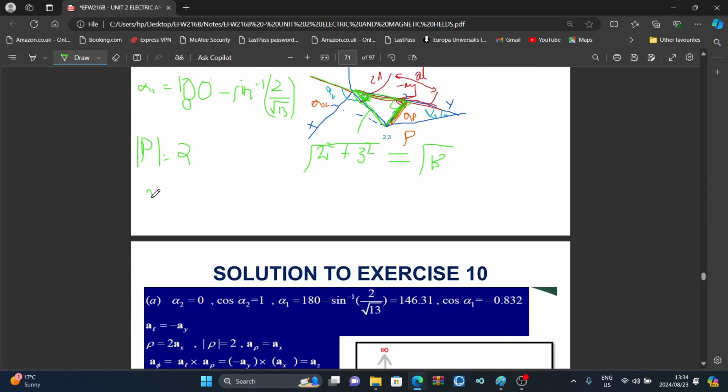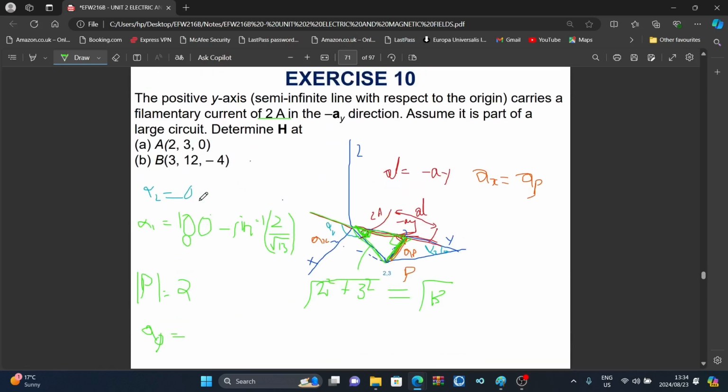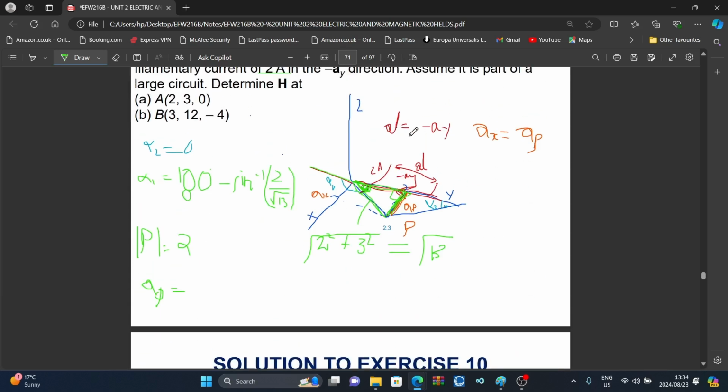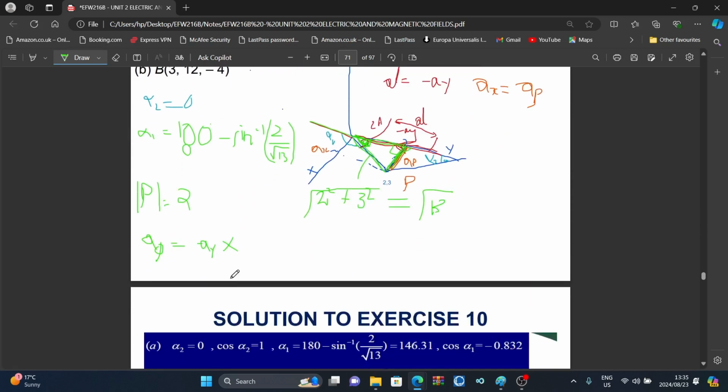Then to find our alpha, or the angle, it's going to be this times AL times A phi, right? And we already said our AL is minus AY, then the cross product between that and A phi.